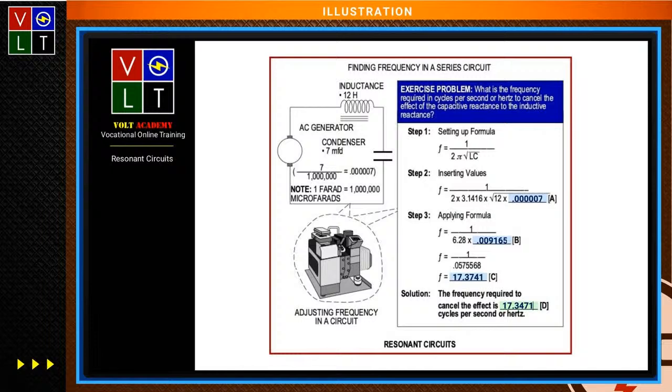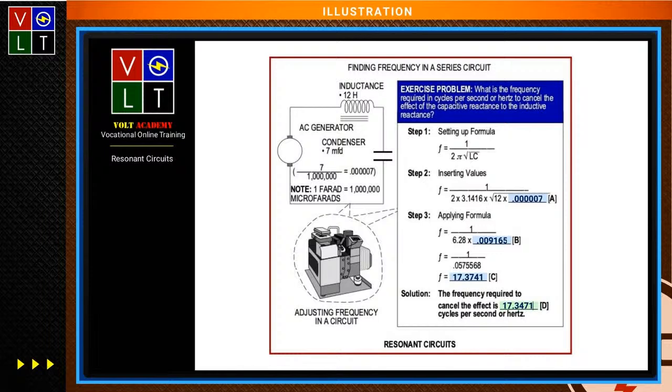Now, when I look at the resonant portion of the circuit here, basically, as we explained earlier, capacitance and inductance have opposite effects in the AC circuit. What that means is it makes it possible for one to be used to cancel out the effect of the other one.